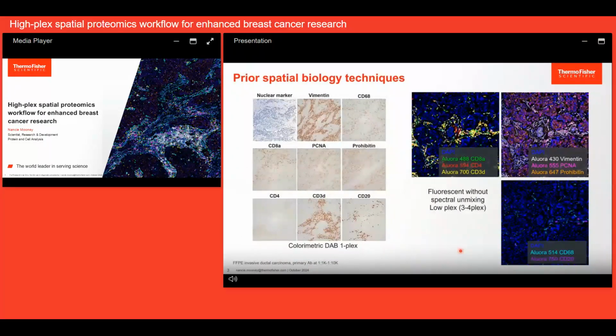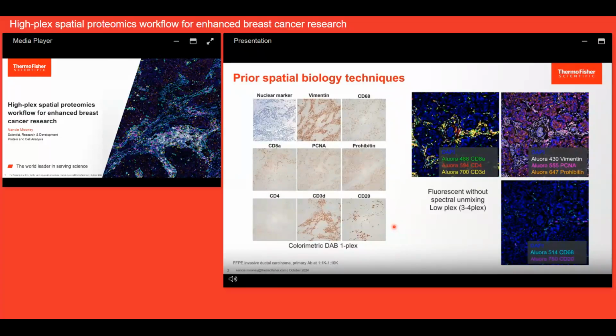So prior spatial biology techniques were lower plex. For looking into, say, invasive ductal carcinoma of the breast, and these 8 markers like vimentin and various CD markers to look at the immune cells within this tissue, if you were using the original method in the space, you'd be looking at DAB, which is an HRP colorimetric stain.